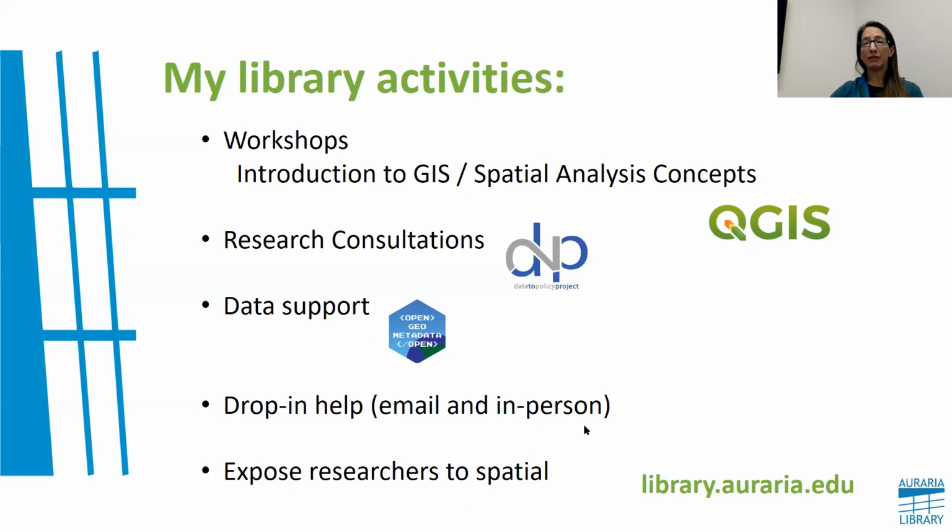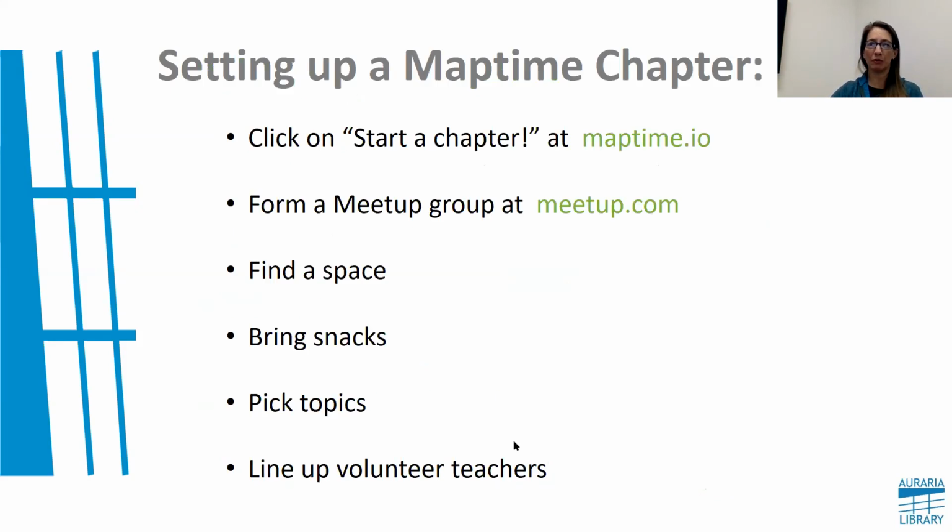And one of the activities is hosting that MapTime Mile High, where I'm trying to bring these researchers together in the library and interact with our professional GIS community in the Metro Denver area. So MapTime Mile High is that venue that I hope to just kind of keep rolling.